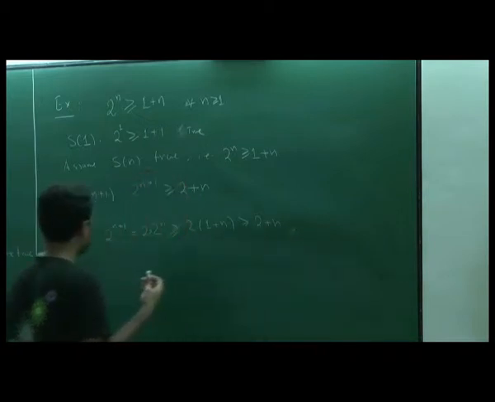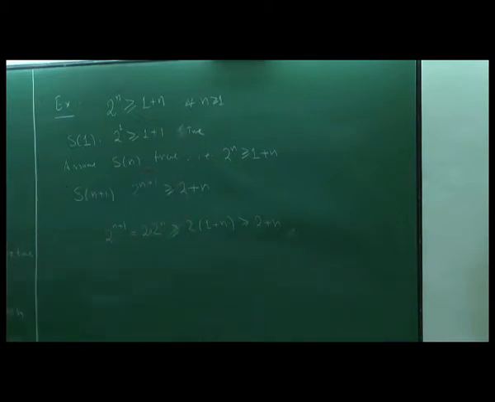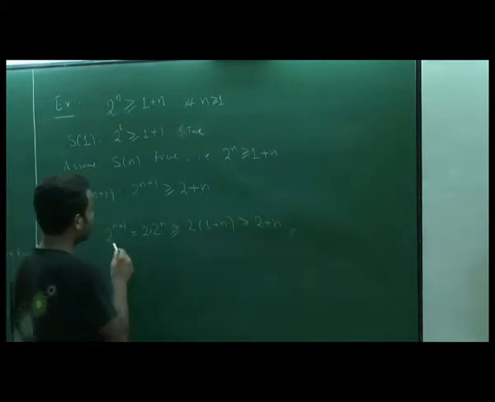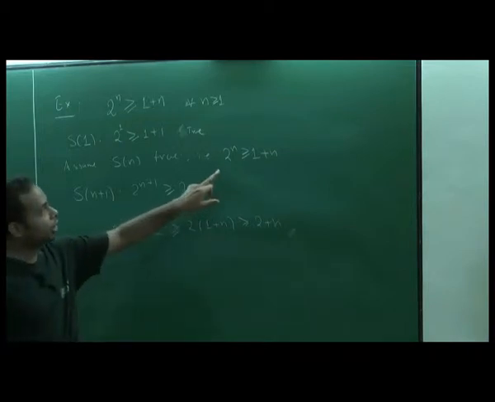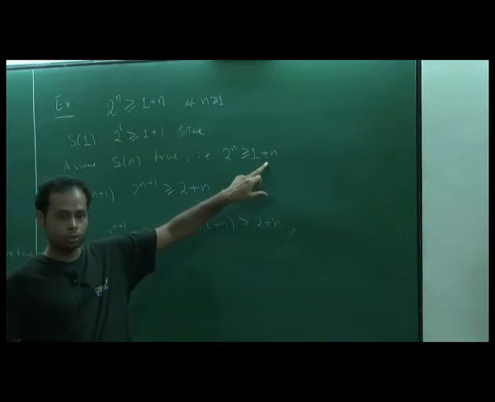So by the method of induction, S of n is true for all n. Here 2 power n plus 1 is 2 into 2 power n, right? And 2 power n, by the induction hypothesis, is greater or equal to 1 plus n.